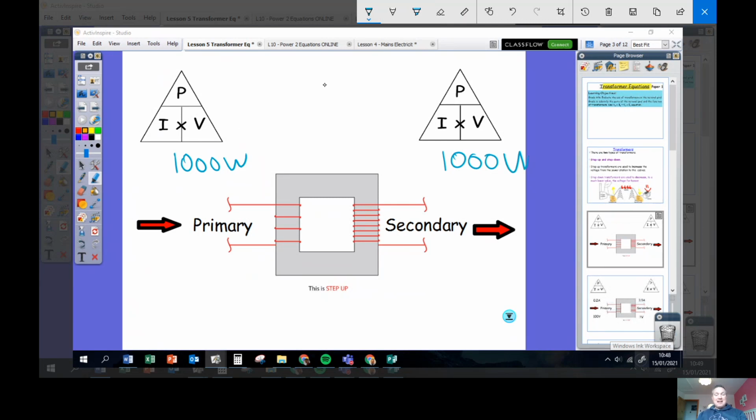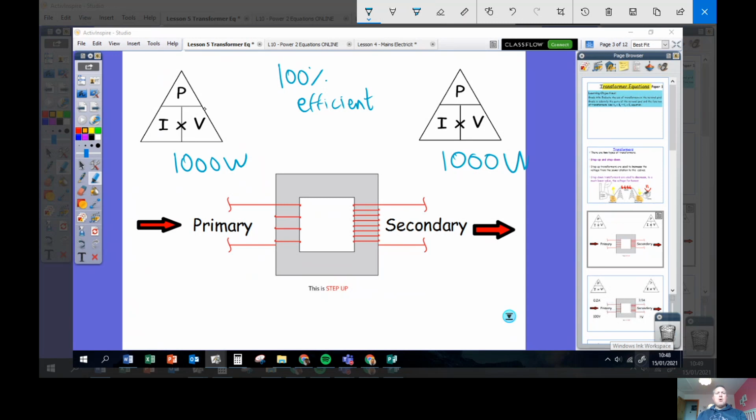And the reason we get exactly the same power on both sides is because transformers are nearly 100% efficient. In other words, they don't waste any power going from one side to the other. So all the power that goes in the primary side ends up on the secondary side.